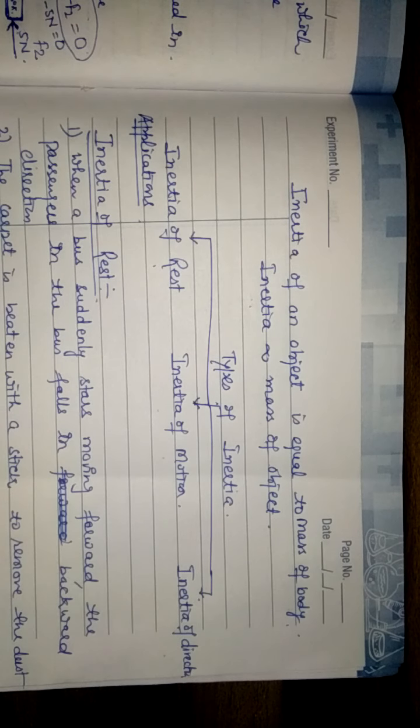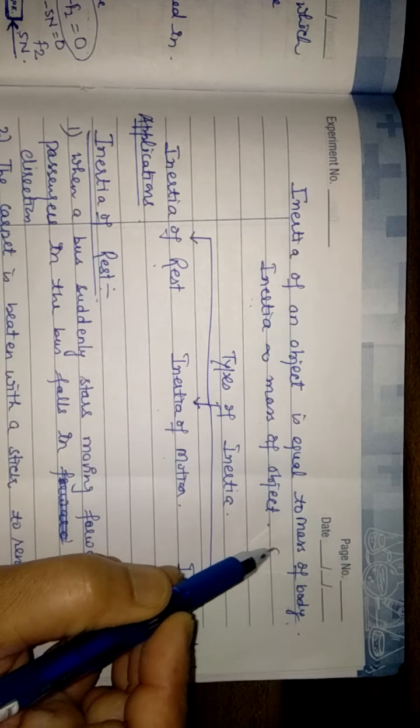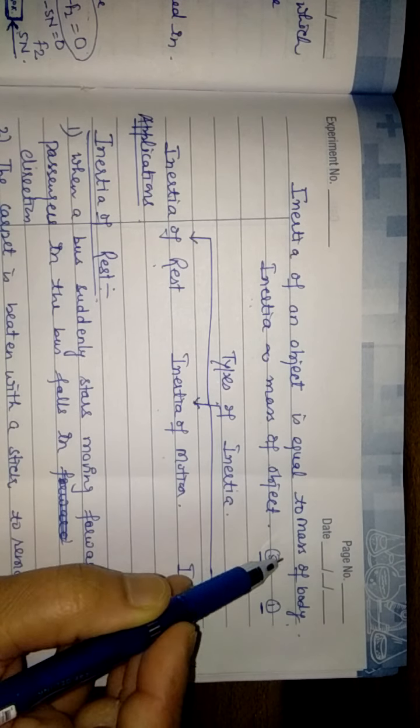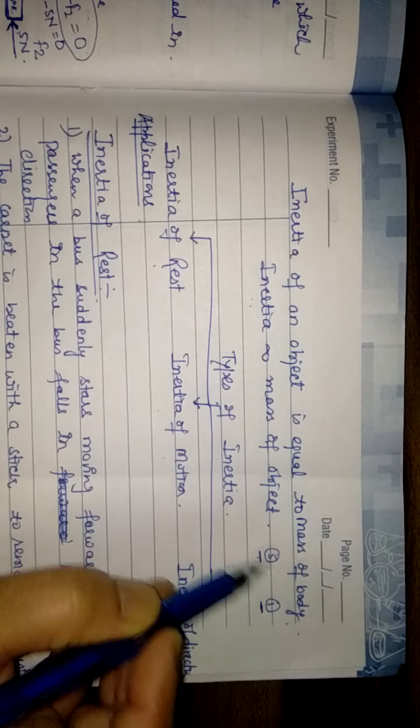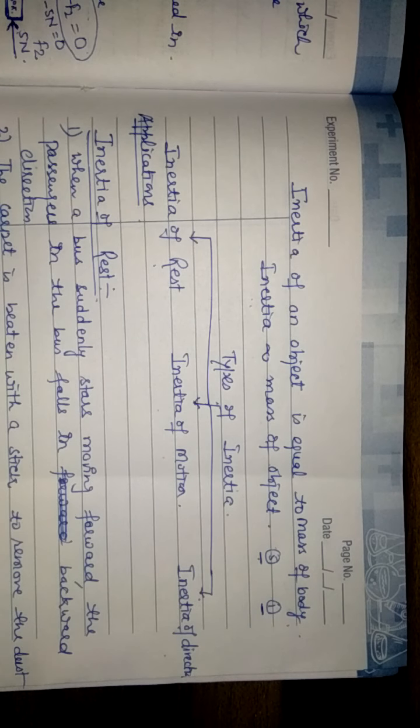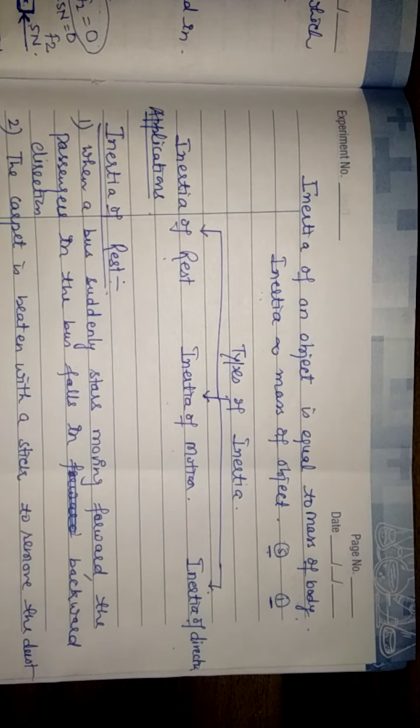You have studied many exercise questions comparing which has greater inertia, a coin of 5 rupees or a coin of 1 rupee. Which one has the greater mass? The 5 rupee coin has greater mass, so it has greater inertia. So we can compare two objects and find out which has greater or smaller inertia.